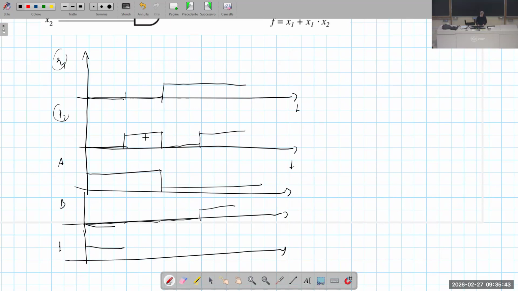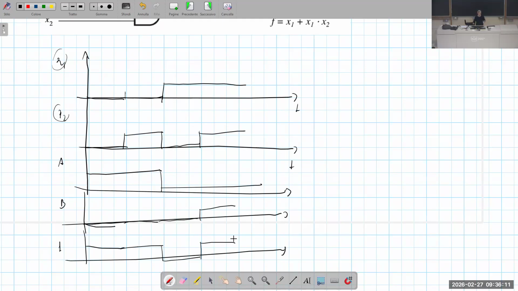When A is 1 and B is 0, F is still equal to 1. When both A and B are 0 in this time interval, then F is 0 or 0, which is 0. And when we have again B at 1 and A is 0, we have that F is 1.